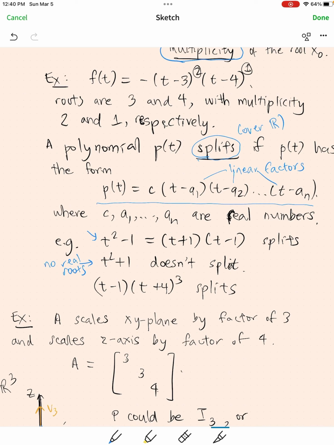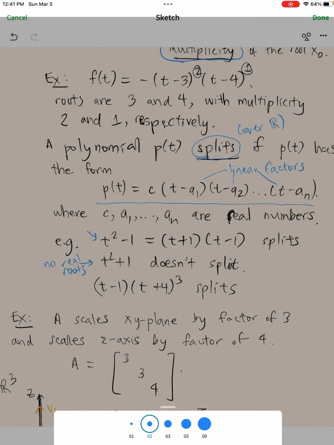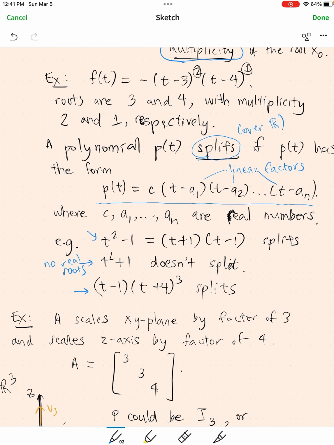And then what I wanted to emphasize is that they don't have to factor into completely distinct roots, distinct factors. So you could have 3 t plus 4s.